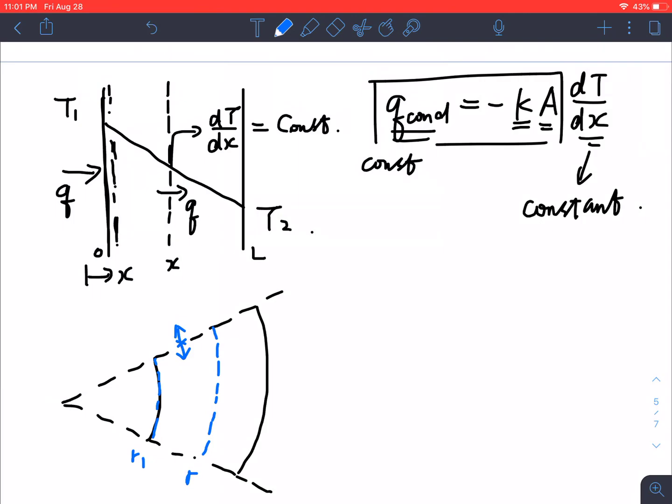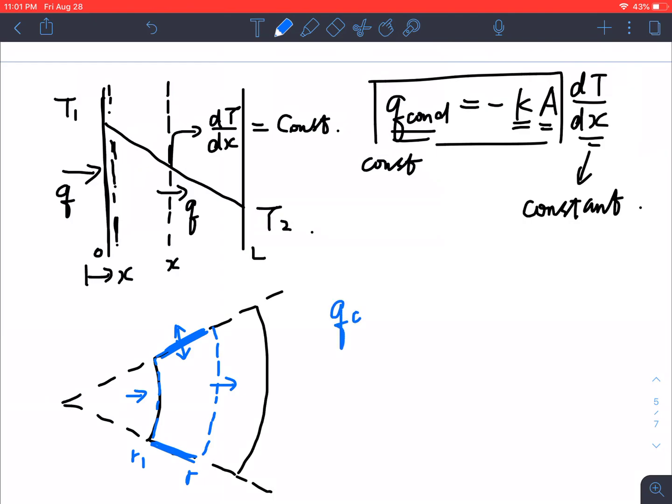If it goes in one direction, it breaks the symmetry, and things don't work out. There's no heat transfer through this and this surface. Then whatever energy comes in will go out through this surface.